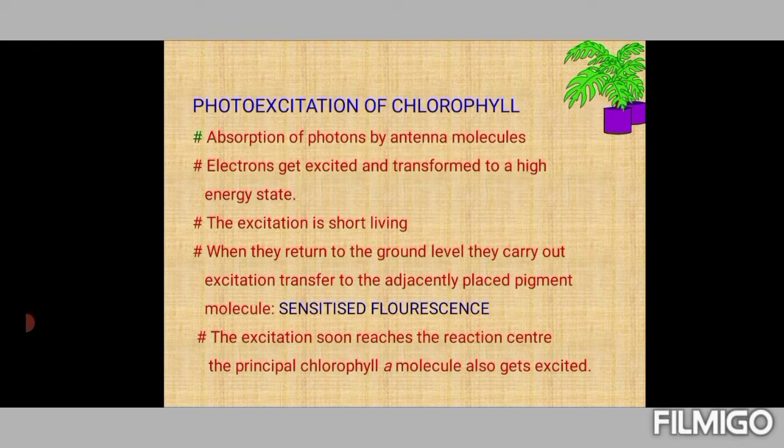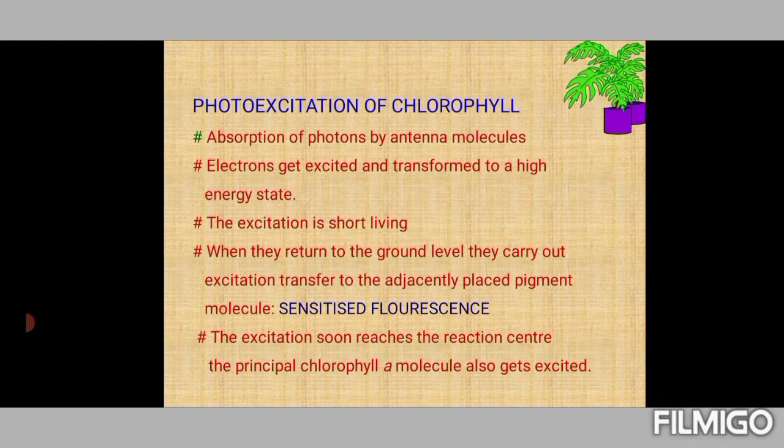Photoexcitation of chlorophyll: absorption of photons by antenna molecules, and an electron gets excited. We already discussed this in the previous slides. Antenna molecules in the cluster, the photosystems 1 and 2, accept photons from solar energy. As a result, their electrons get excited.